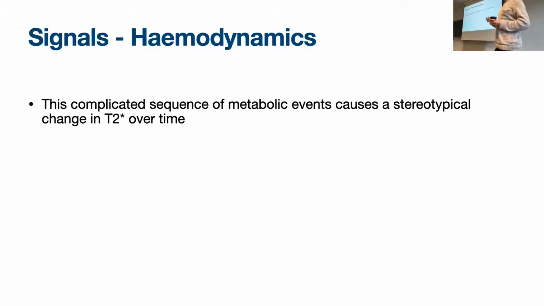Now, this would be a mess if we didn't have things to work with, right? So it turns out that even though this entire sequence of very complicated metabolic events goes through different layers of tissue to reach this vasculature and then change the blood supply, we do get this stereotypical change of that T2 star value that we measure over time, right?